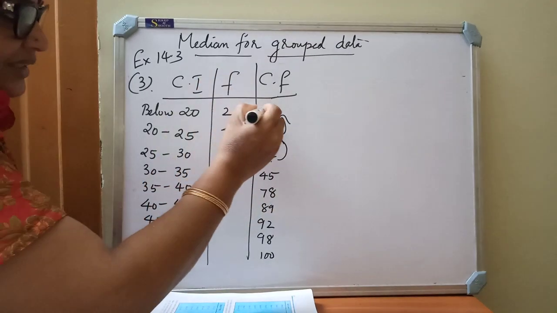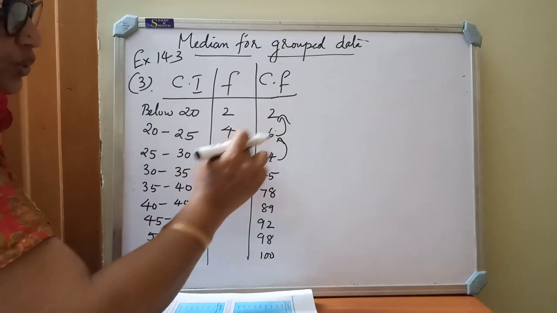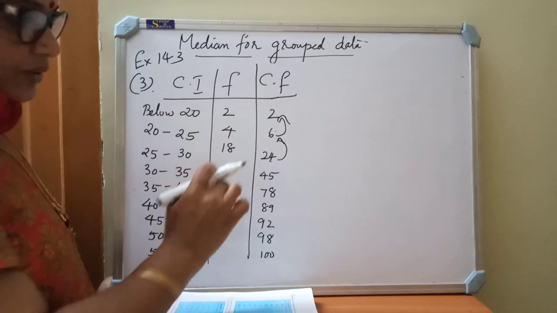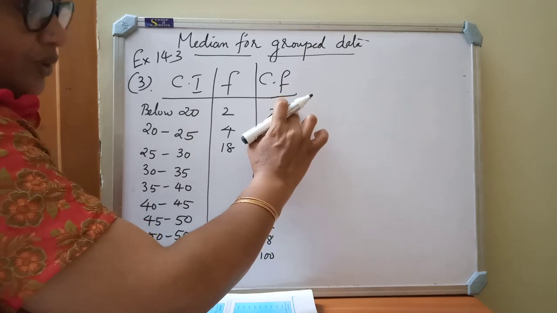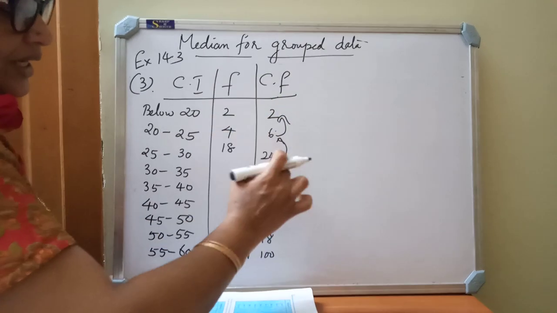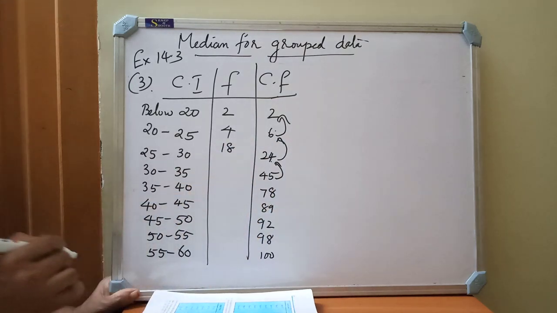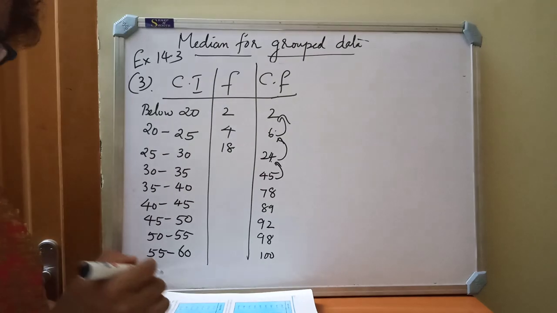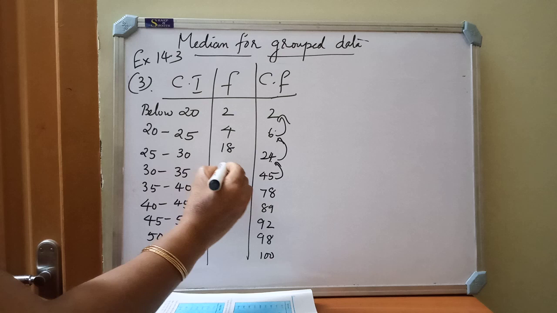In the previous case I wrote like this: draw a line and these two additions we are getting the cumulative frequency. Here frequency we have to find out. So second cumulative frequency minus first cumulative frequency, you will get the frequency. Then in the same manner complete that. 45 minus 24, 21.